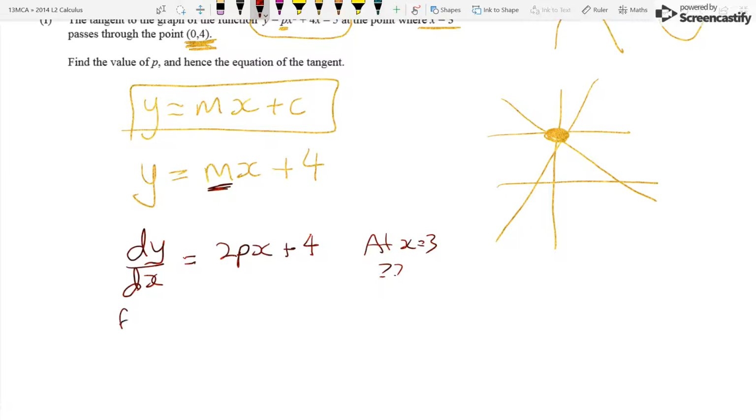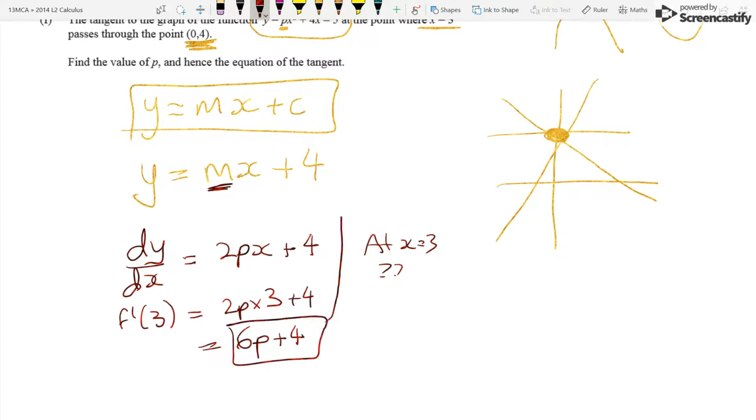So f dash of x at 3 is going to equal 2p times 3 plus 4, which is 6p plus 4. So we can put this into my equation of the tangent, giving us the equation of the tangent is y equals (6p plus 4) times x plus 4.